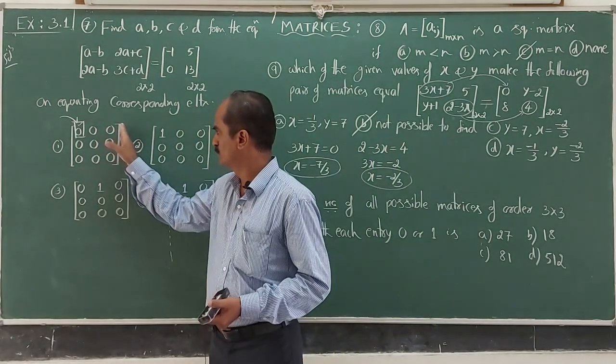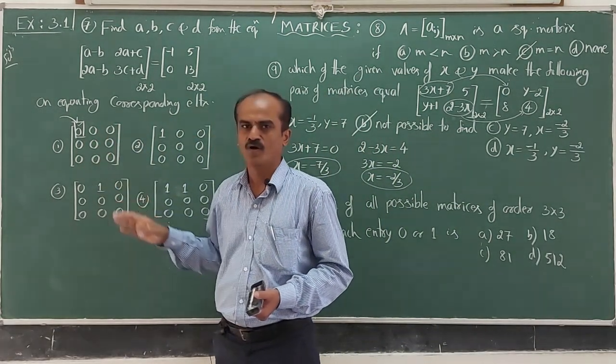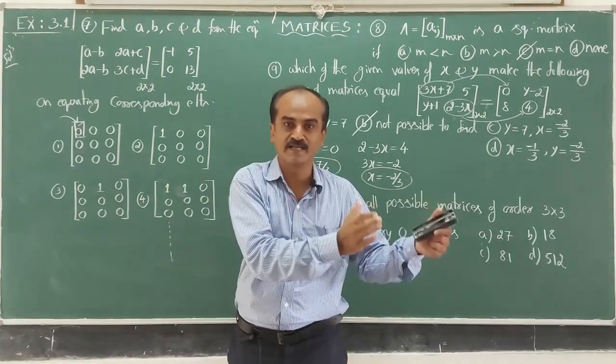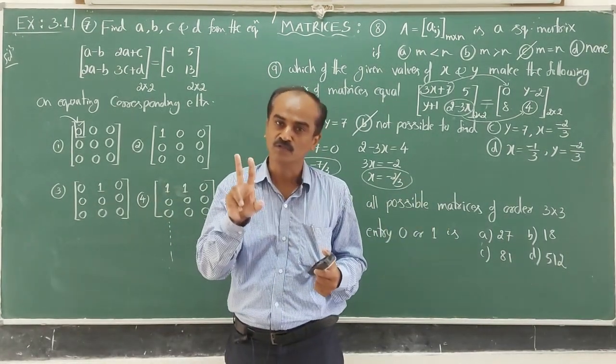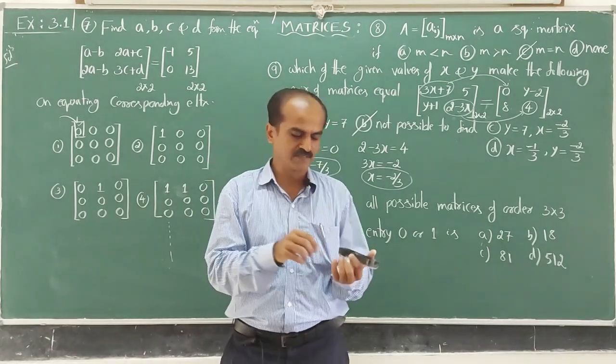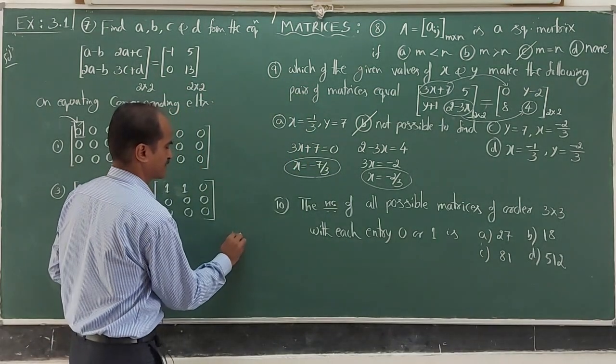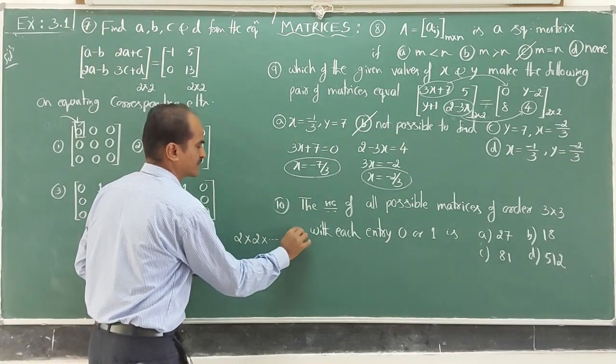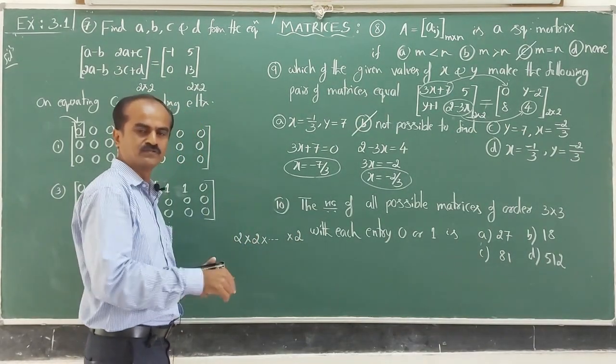Even it is true for all other positions. How many elements are there? 9. Each of those 9 elements can be filled in how many ways? 2 possible ways. First one, 2 possible ways. Second element, 2 possible ways. Like this, 9th one is also in 2 possible ways.